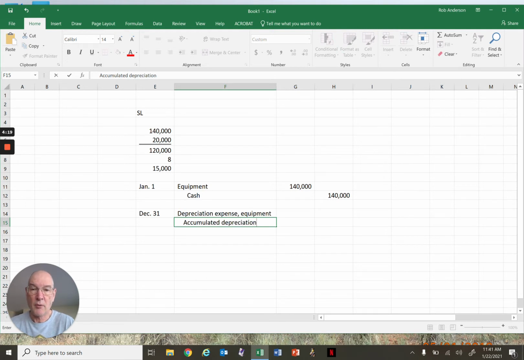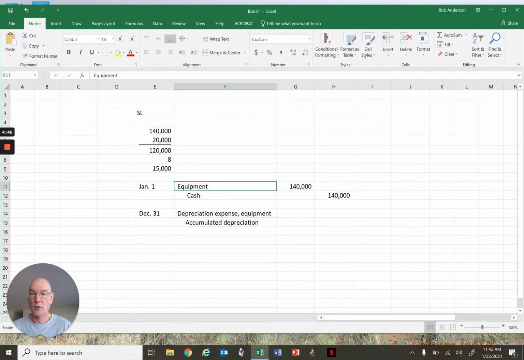Now, I would like to remind you that like all adjusting entries, we have one expense account or revenue, in other words, a temporary account or an income statement account, however you want to think of that, that's our expense. And then we have a balance sheet account. And accumulated depreciation is in fact a balance sheet account. It is a contra account to equipment.